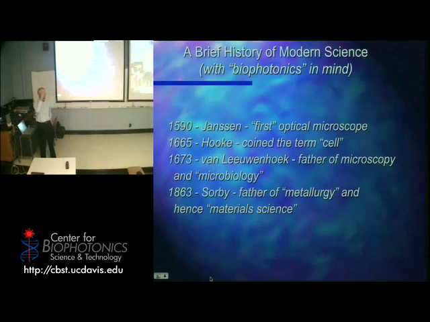There's some controversy as to exactly who was the very first scientist or group of scientists that actually invented the microscope. You probably heard some comments from Dr. Matthews last Monday. But one of the key achievements of the Center for Biophotonics at UC Davis has been to push the limits of microscope technology.